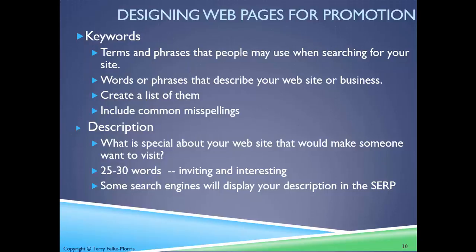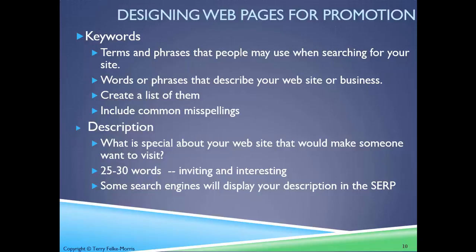But there are other meta tags that you can put in also. There are descriptive words, etc., that you can put in so that people who are searching for your site, if it was sporting goods, somebody might type in basketballs, for example, or golfing. So you typically create a list of these keywords.